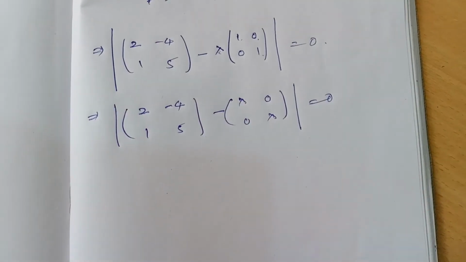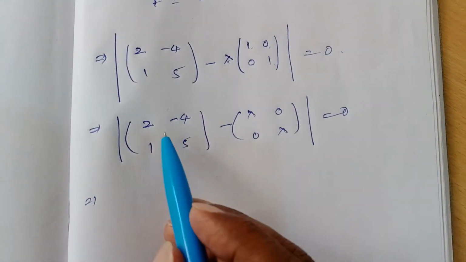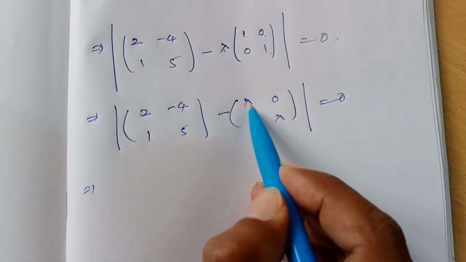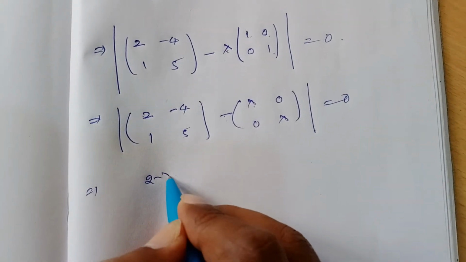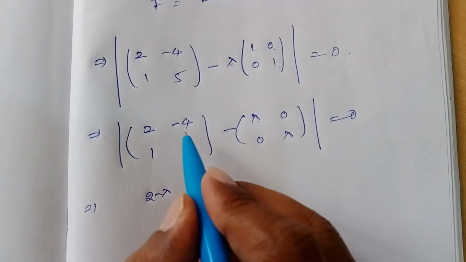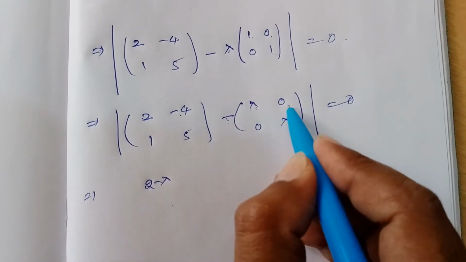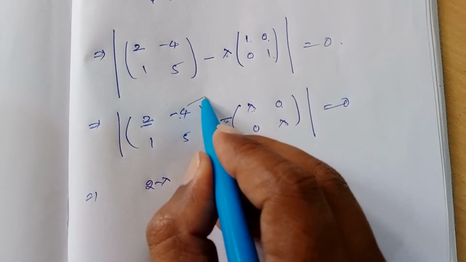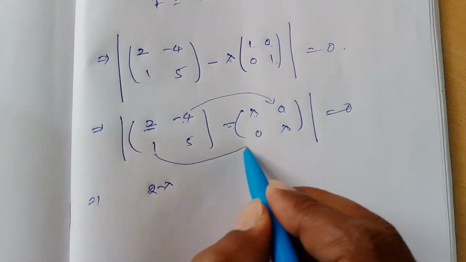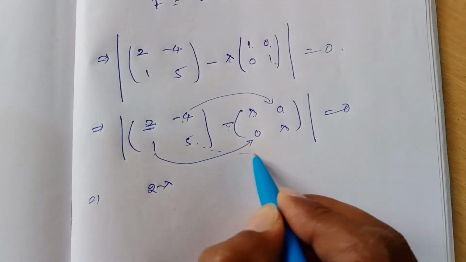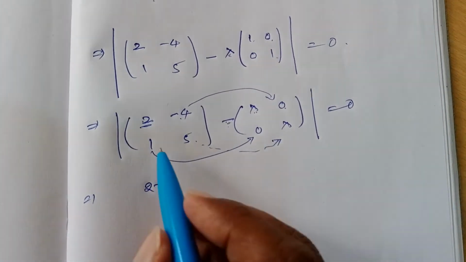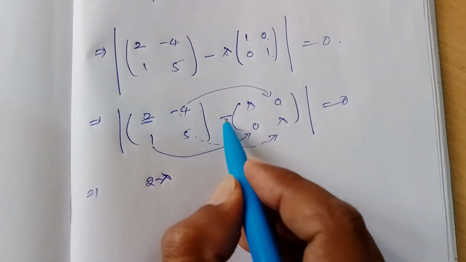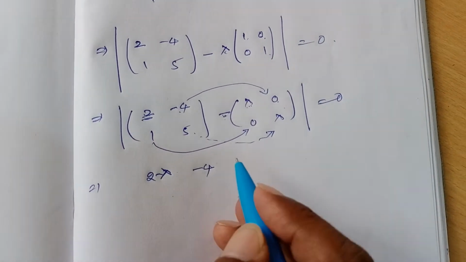Now we are subtracting this minus this, so 2 minus lambda. The next, minus 4 minus 0. See, first element minus first element, second element minus second element, third element minus third element, and the last element minus last element. So 2 minus lambda, minus 4 minus 0, this is minus 4.